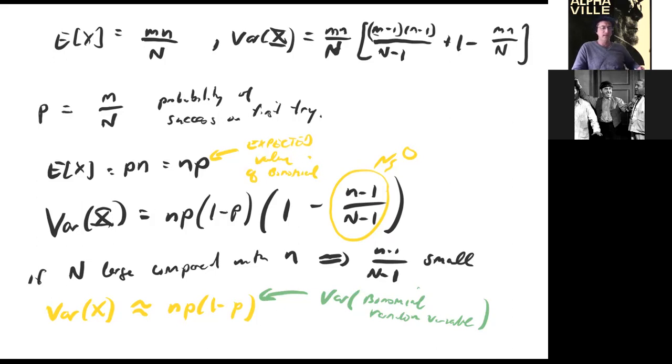Even though they're not the same, for small sample sizes, we can pretend it's the same because the population is so large. And that's where I wanted to end this today. So in other words, for very large population sizes and relatively small sample sizes, the hypergeometric random variable is approximated by the binomial random variable. So that's it for today.